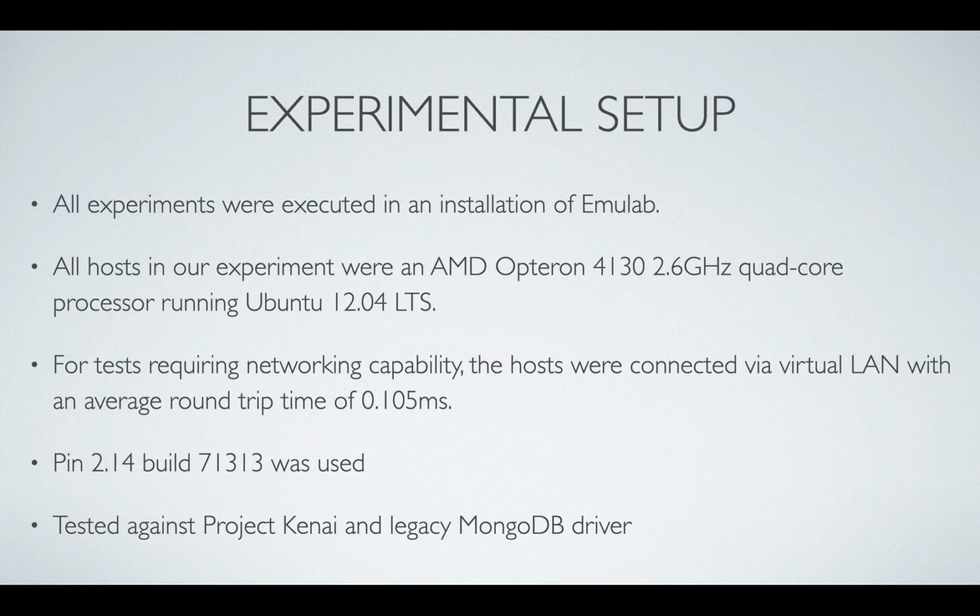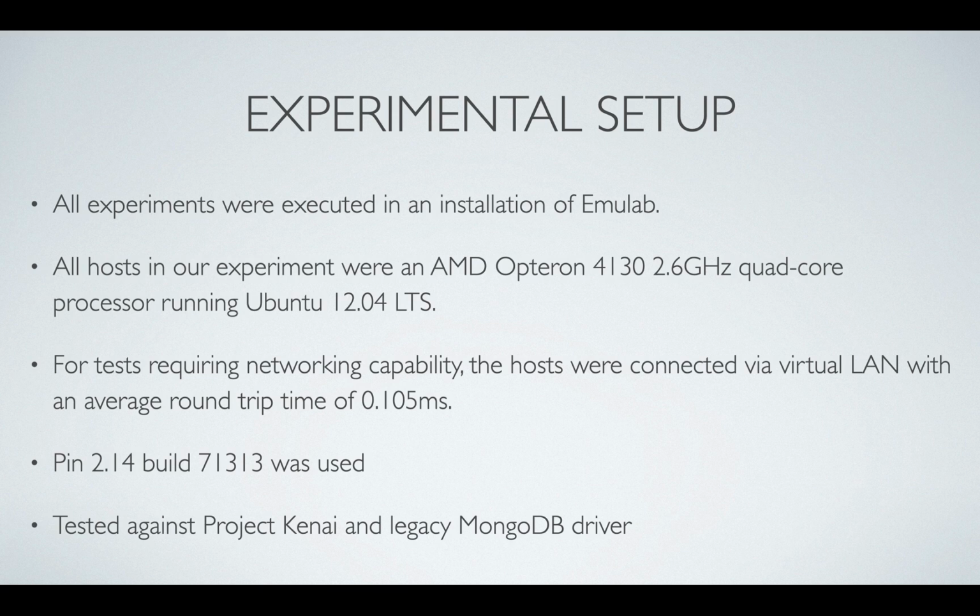So now let's get into our experimental results of the system with REBIS. We did our evaluation of our implementation. All of our experiments were done in an Emulab installation that we have at IUPUI. All our hosts were AMD quad-core processors running Ubuntu.